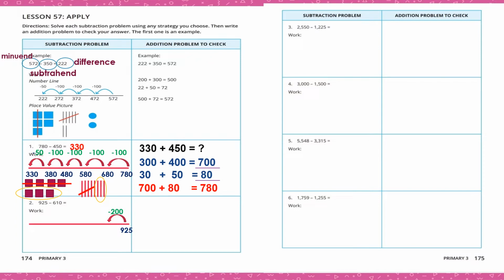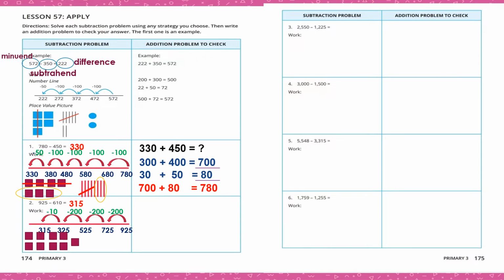So go back 200, so it will be 725. 725 minus 200, 525 minus 200, 325. Don't forget 610. I make 600, don't forget minus 10. Minus 10 equals 315. So the difference equals 315.